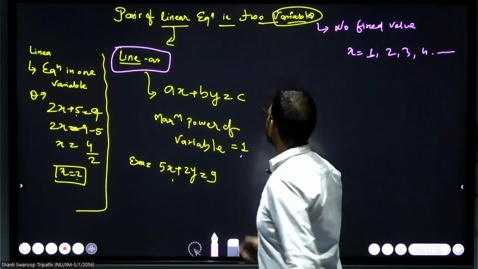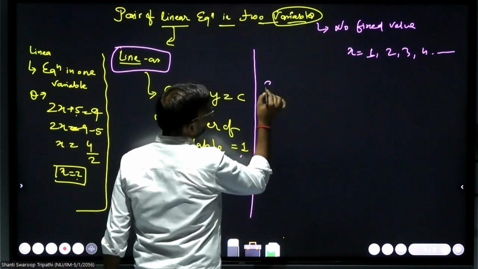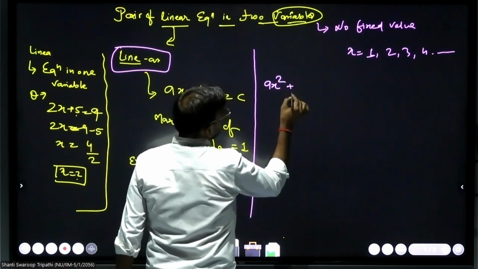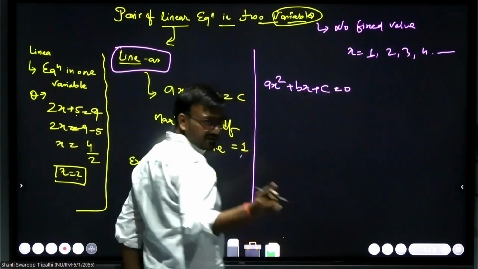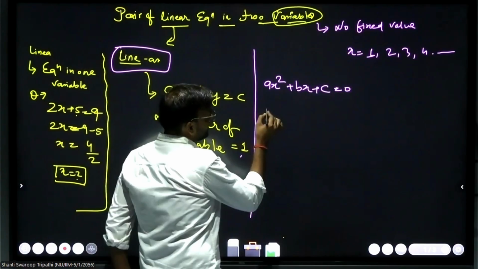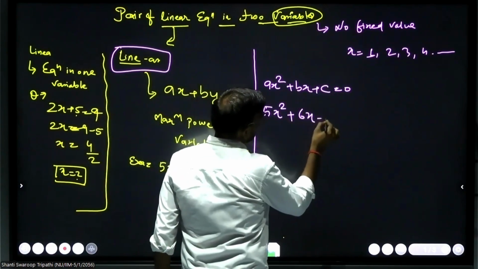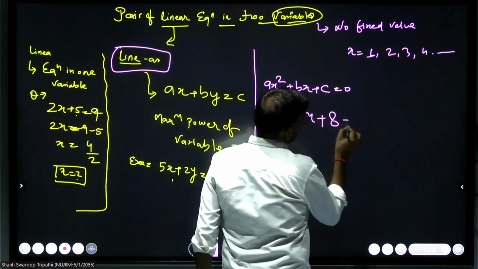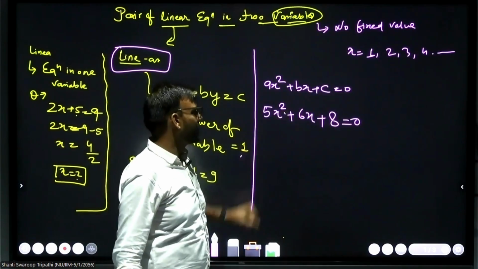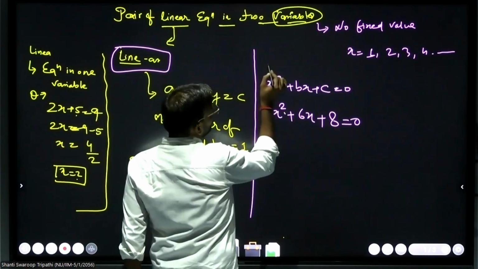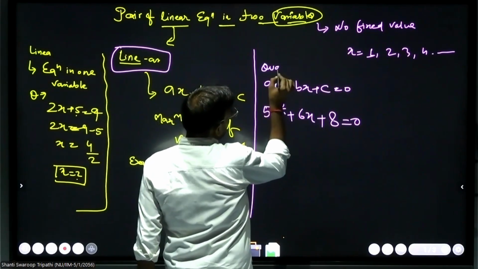Let me explain that. If you have an equation with a standard form, that is ax square plus bx plus c is equal to 0. An example, if I am writing it like 5x square plus 6x plus 8 equal to 0, what you are getting here is that the maximum power is 2.